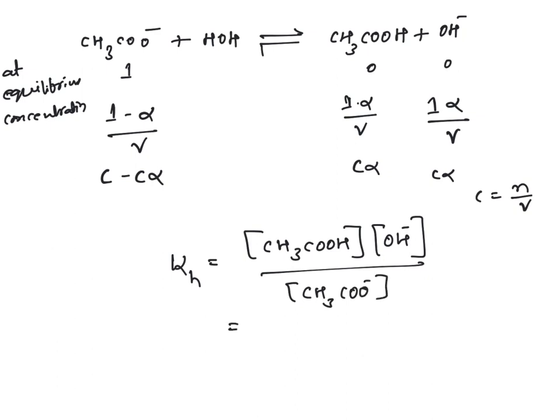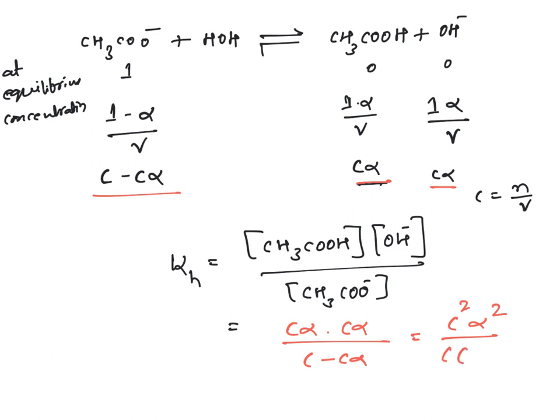The concentration of acetic acid is C alpha, and OH minus concentration is C alpha, by acetate ion concentration C into 1 minus alpha. So here C square alpha square by C, taking 1 minus alpha, C and C cancel. So Kh equal to C alpha square by 1 minus alpha.